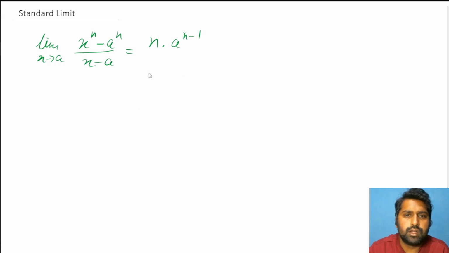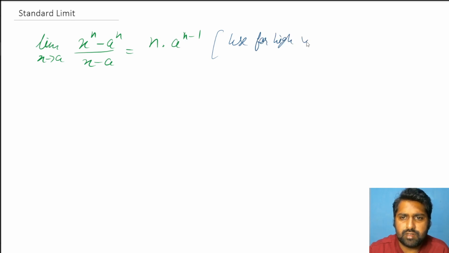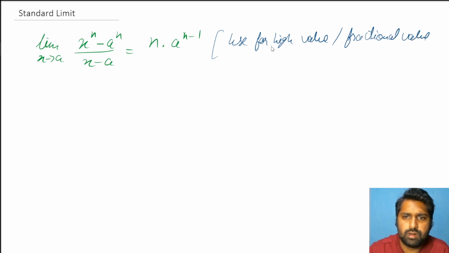Okay. When you have to use this, use it for high value or fractional value of n.